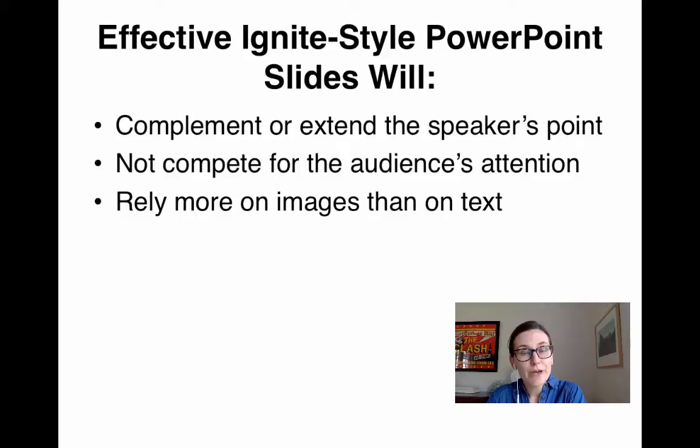And I think you'll see that if you think back to the Ignite style speeches you watched for the Piazza Post, where you did the rhetorical analysis of 3 different speeches, right? Those slides were primarily image-based. Any text that was on them was very sparse and really only intended to perhaps clarify the image.